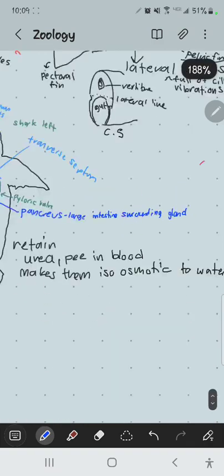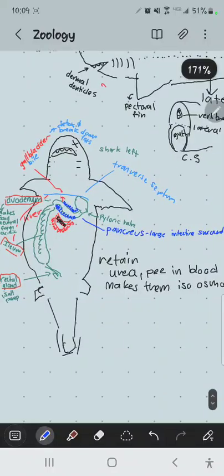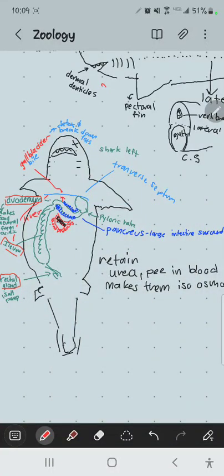Okay, and then finally, for internal organs, I think we've got most of it. Liver, gallbladder, spleen, pancreas. Let's take a look at the kidneys. The kidneys are embedded in the back body wall alongside both backbones.